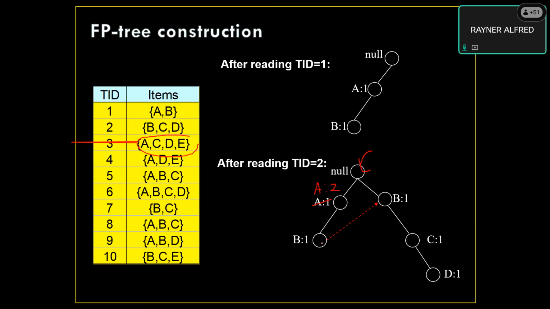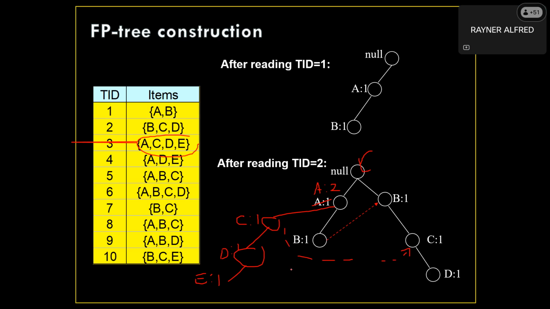But when we go down here, we don't have B, C, then we open another branch, which is C, occurring one time. And then D, one time. And then E, one time. But this C must be connected to this C, and then D must be connected to this.